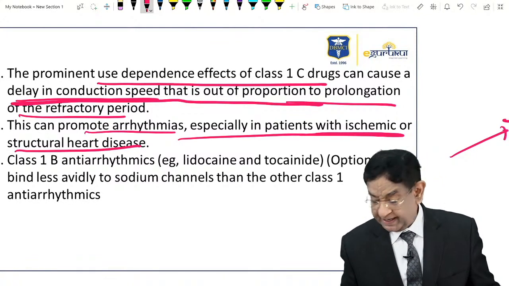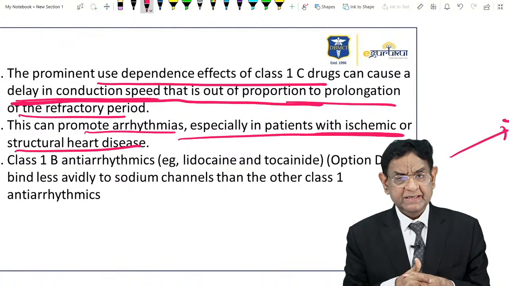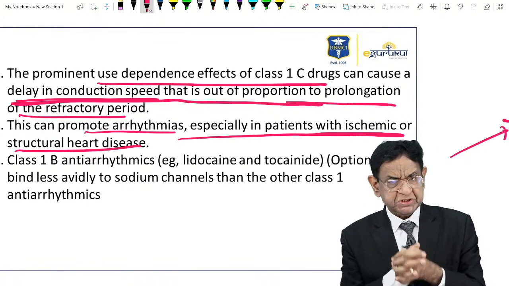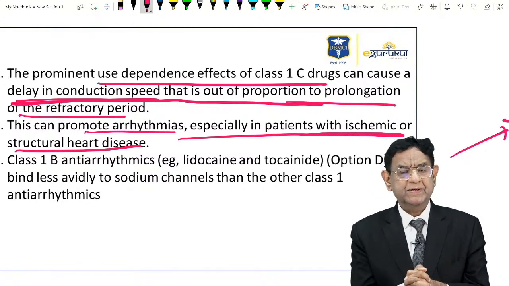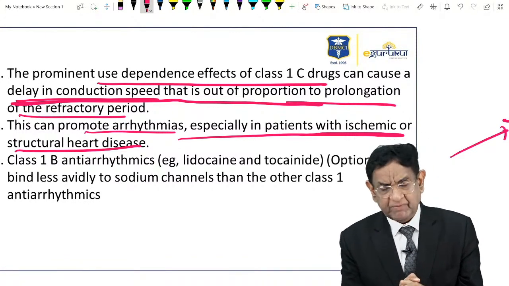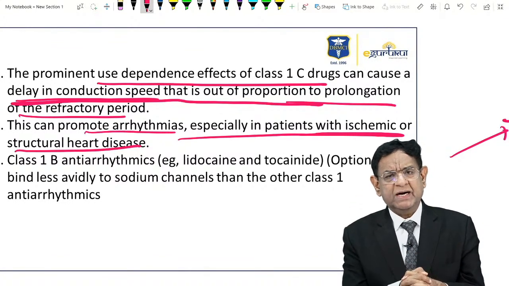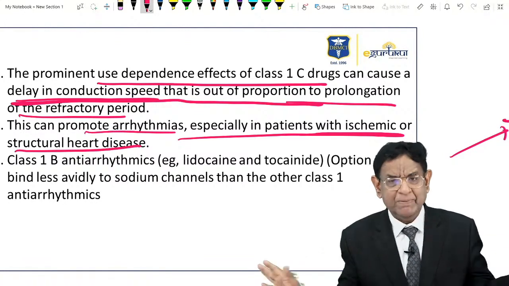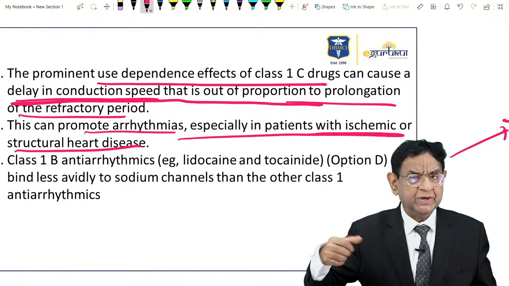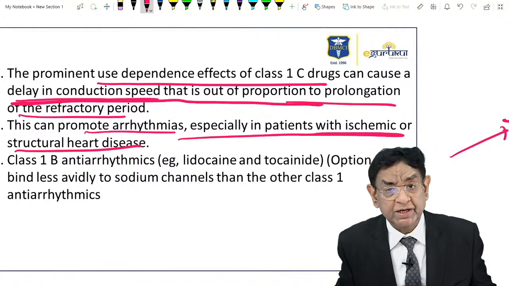So I repeat again, class 1C drugs like flecainide are strongly bound to sodium channels. Number 1, they slow down the conduction. Yes, they are very powerful. But in ischemic tissue, they slow down the transmission very badly, and the ischemic tissue itself can produce arrhythmias because the normal impulse is totally gone.